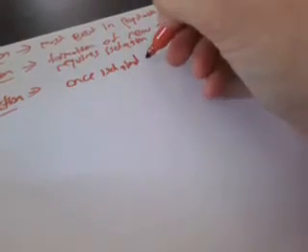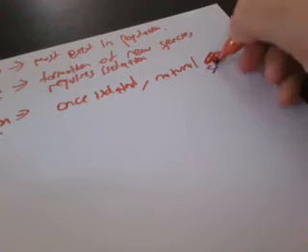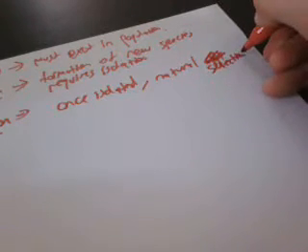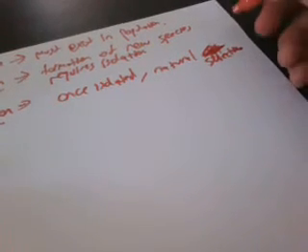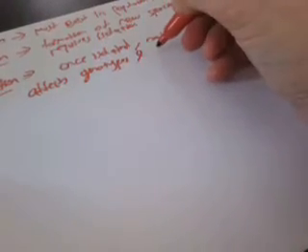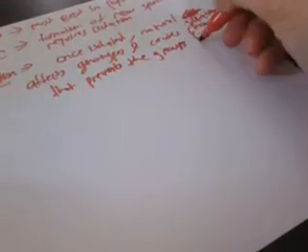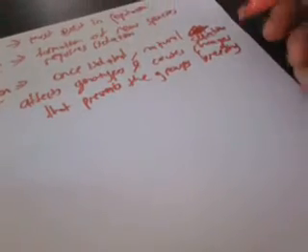Number 3, selection. Once isolated, this could be by physical barriers, natural selection affects the genotypes, the different types of possibilities, and causes changes that prevent the groups from breeding, even if they come back together again at some point in the future.